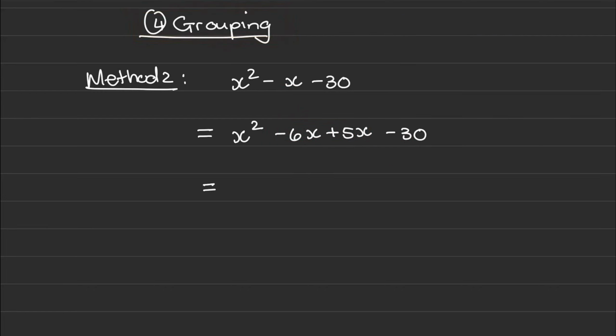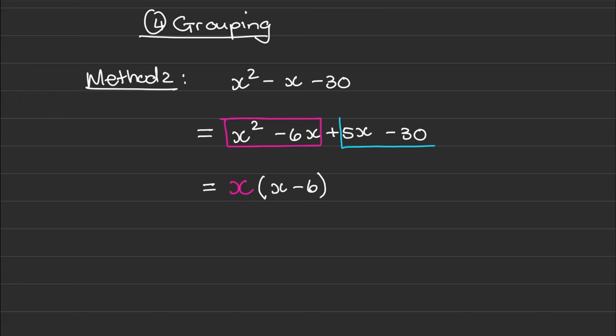So when we group, we take out a common factor for 2 terms and a common factor for another set of 2 terms. So in the first 2 terms, we can see that the common factor is x. And when I take out an x, I'm left with x minus 6 for the first 2 terms only.